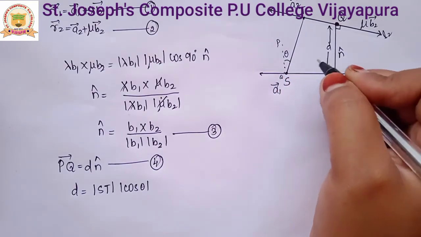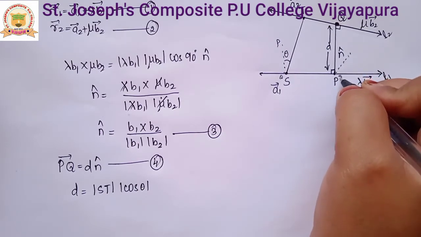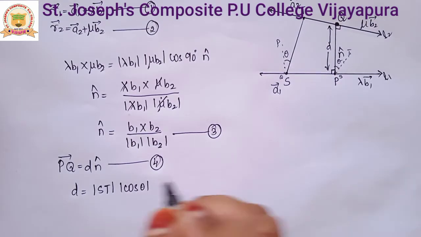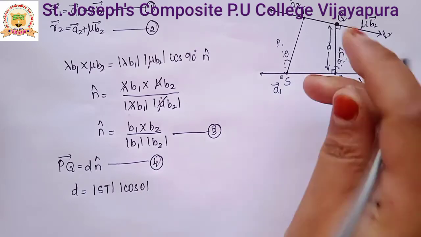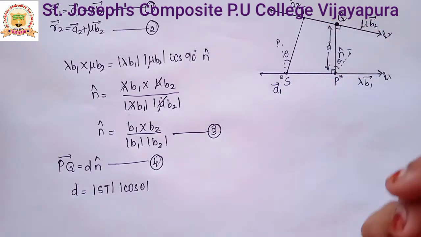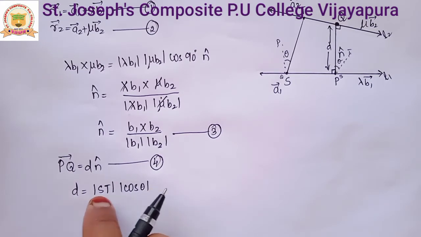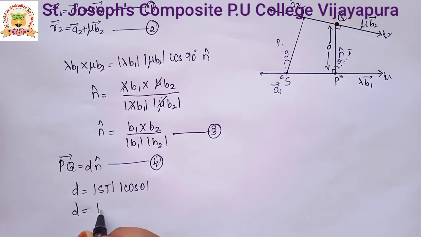Suppose I take this ST here, so this gives you the theta, where theta is the angle between the vector ST and vector PQ. Therefore, we can calculate d is equal to ST into cos theta.